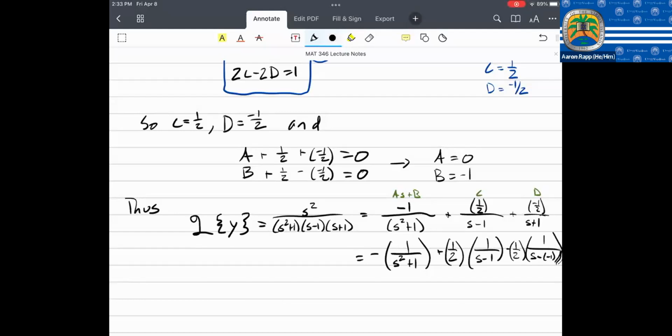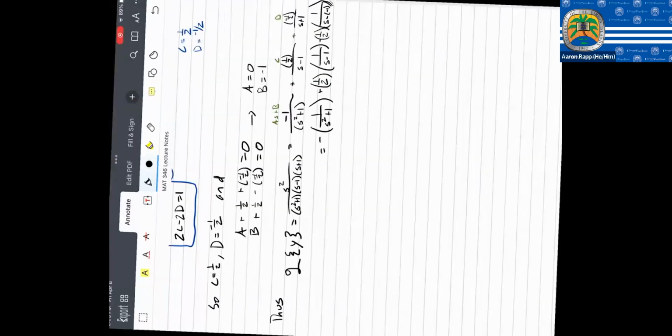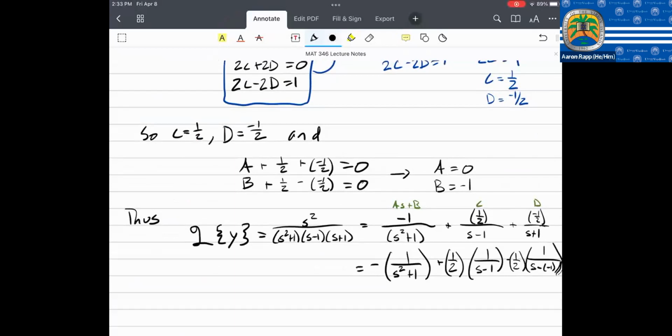So I now have this as negative Laplace transform output for 1 over s squared plus 1, times 1/2 times the Laplace transform, which is 1 over s minus 1, minus 1/2, whoops, times the Laplace transform that became 1 over s minus -1.